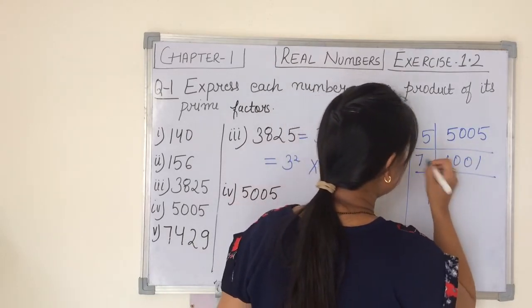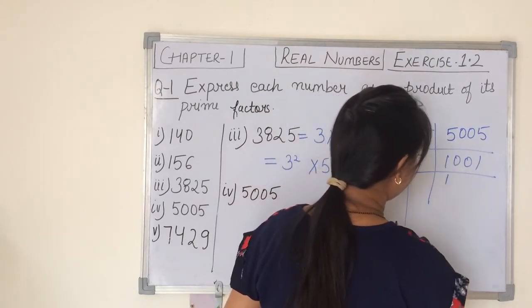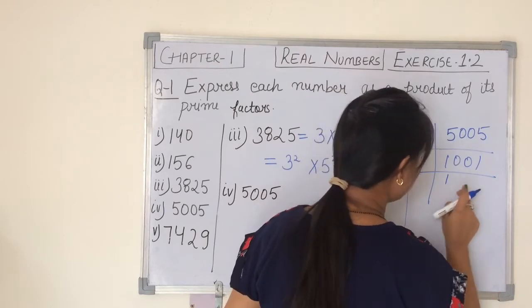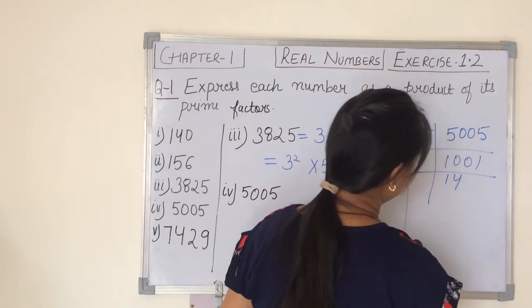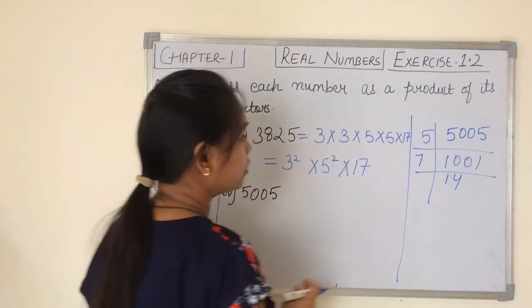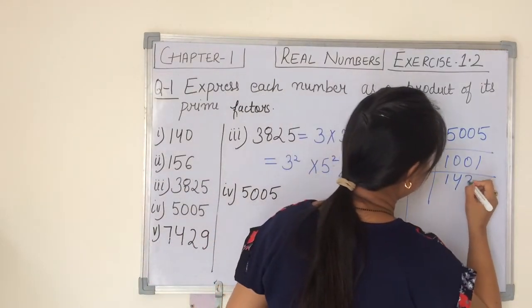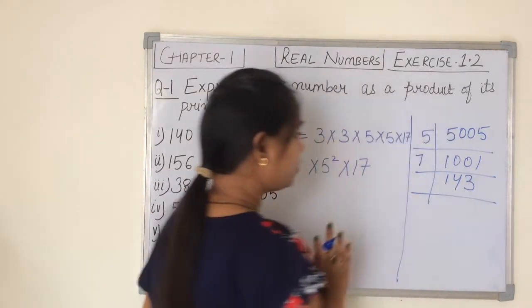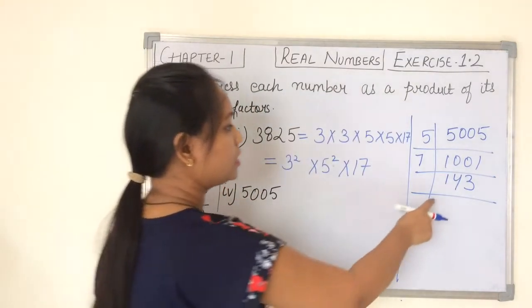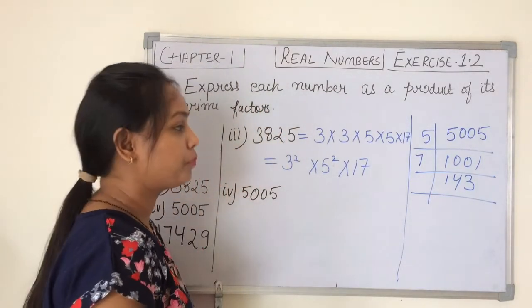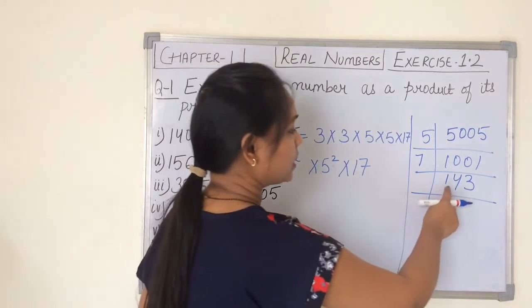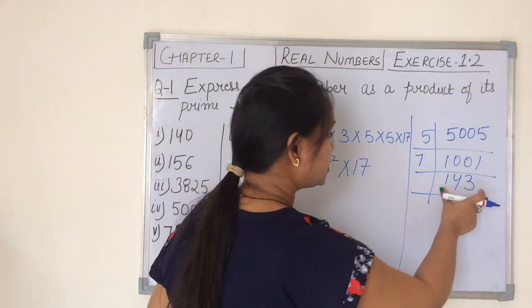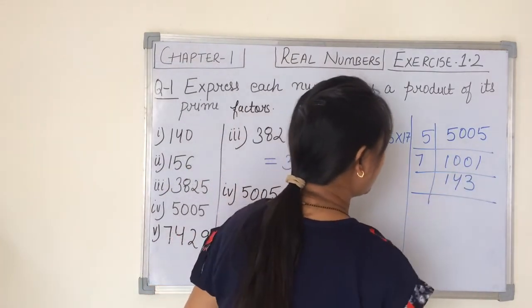Let's check it with 7. We will get remainder 3 zeros and 4s are 28 and 30. 2. 7 3s are 21. We have what? 143. Now it is again not divisible by 7 also. Not divisible by 2, 3, 5, or 7. Let's check its divisibility by 11.